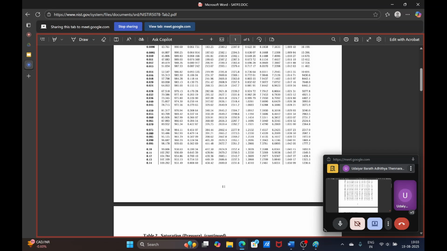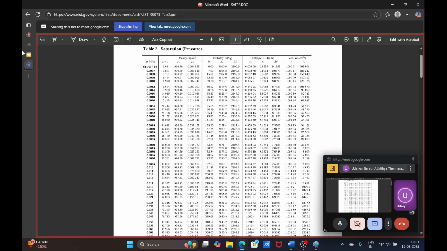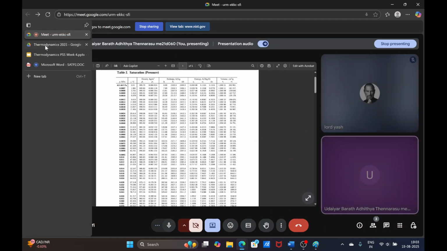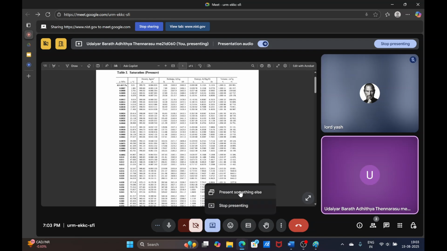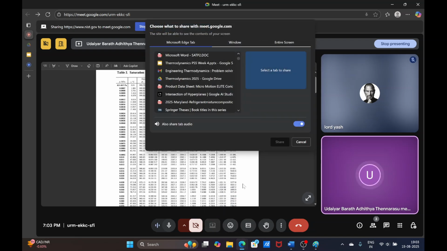For 0.1, these are the volumes: 1.0432 and 1693.9, in centimeter cube per gram. Those are the specific volumes of the saturated liquid and saturated vapor.